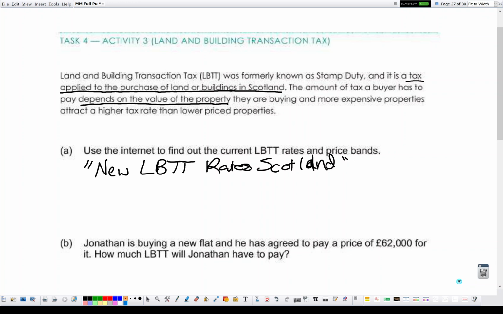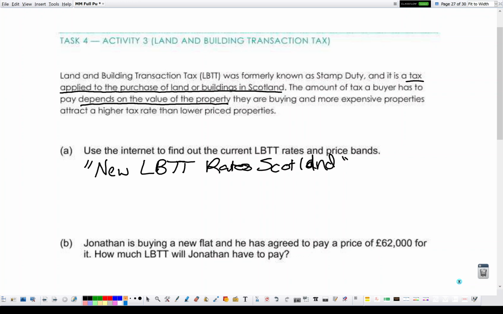Okay, so pause the video, go to your search engine, and they should have just 3 or 4 rows of tax rates and price thresholds, price bands. I want you to copy them in underneath this heading. Okay, hopefully you have that written in now.